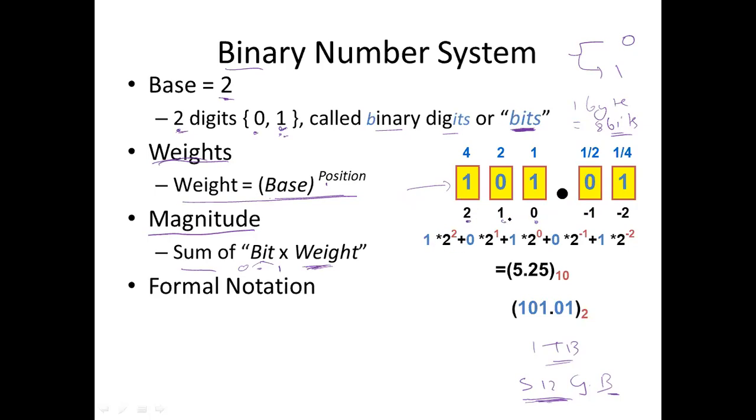So 1 multiplied by 2 raised to power 0 plus 0 multiplied by 2 raised to power 1 plus 1 multiplied by 2 raised to power 2. And for the fractional part, 0 multiplied by 2 raised to power -1 plus 1 multiplied by 2 raised to power -2. So the value is 5.25. So this is the decimal equivalent of 101.01.